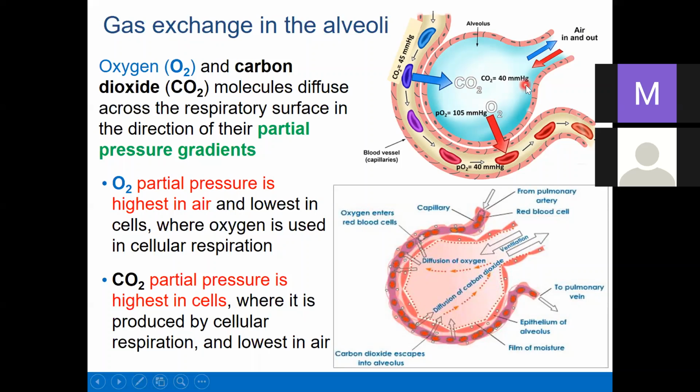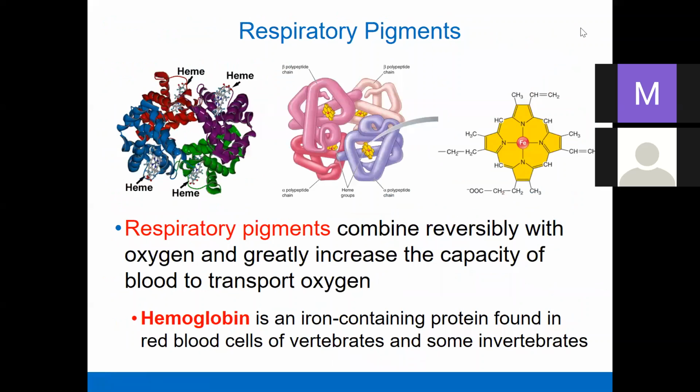In the atmospheric air it is really low, close to zero. That means carbon dioxide should be expelled from the alveoli to the outside. This is also because of the partial pressure gradients of carbon dioxide.